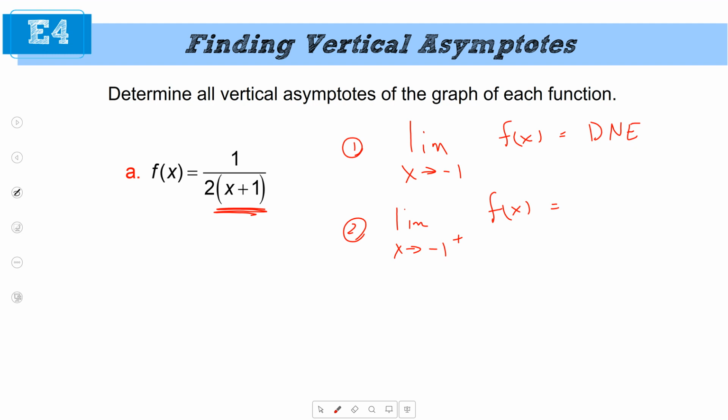Okay, that has a multiplicity of 1, because the exponent there is 1. Why do we care? If the multiplicity is odd, then you're going to have one side go up and the other side go down. It's going to be split. It's either going to do this or it's going to do this. If the multiplicity is even, then they're both going to go up or they're both going to go down.